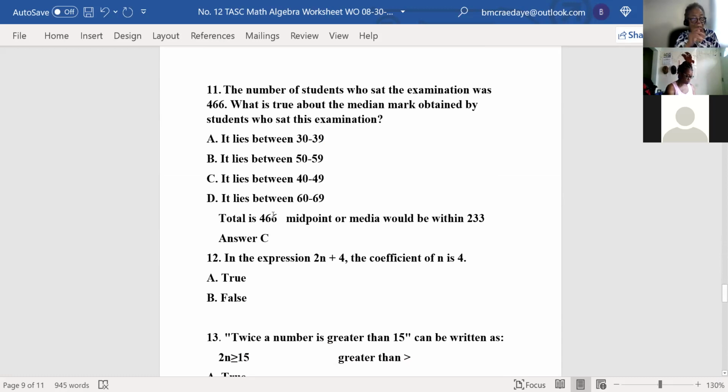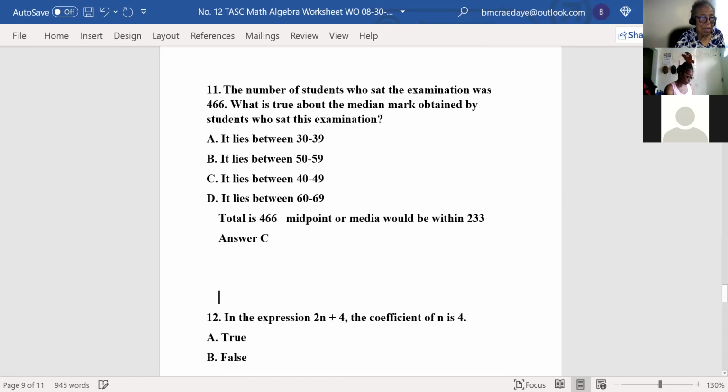So you add up all the numbers, then you get half of it, and then you add up the numbers within those ranges. Where that 233 falls would be the range that has the median or midpoint, which is that 40 to 49. Questions on number 11? So number one, add up all your numbers, you get 466. Take half of that, you get 233.